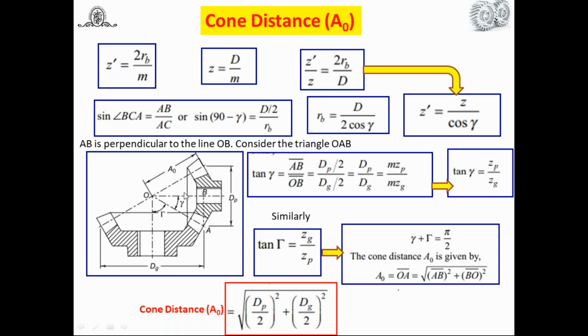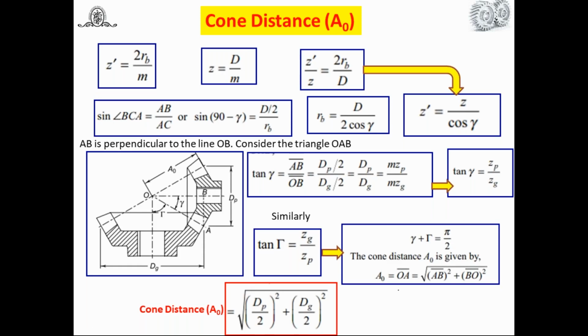And this is dg by 2 square. Simple geometry, you can use Pythagoras. So you will get cone distance OA equal to under root of dp by 2 bracket square plus dg by 2 bracket square. You have to remember this formula, because in the beam strength equation you have to put the value of AO.